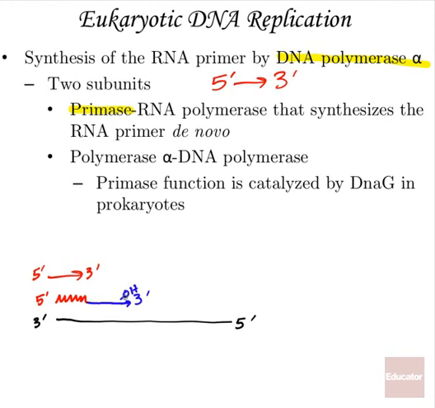So why do we even need DNA polymerase alpha? Well, the reason being, pol delta and pol epsilon are replicative polymerases. First of all, they can't synthesize de novo, so they wouldn't be able to lay down this first base.